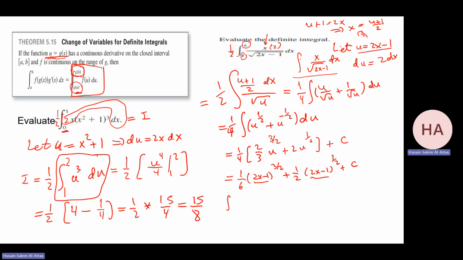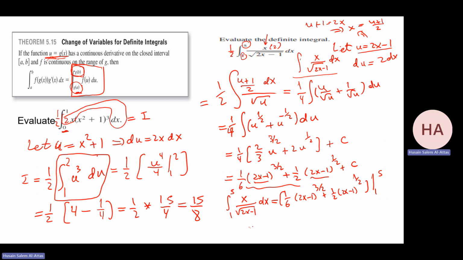So in 1 to 5, this integral gives me what? Just now I substitute. Let me write it. 1 over 6, no need for plus c, from 1 to 5.